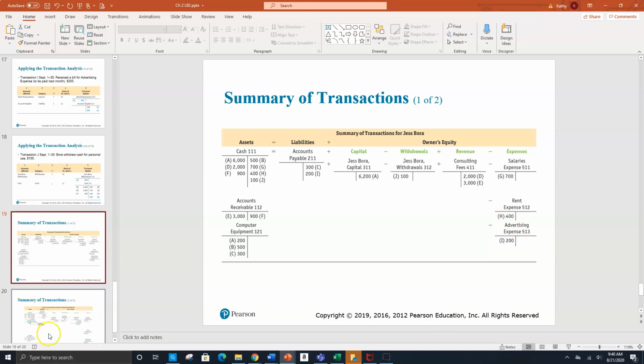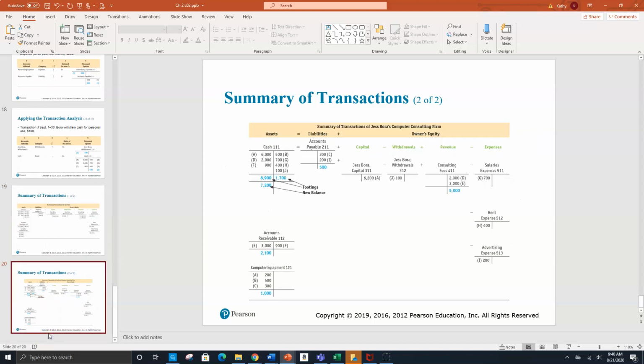Next, what we're going to do is foot the accounts. So we are going to add up all the debits, add up all the credits, and then the debit is bigger than the credit. So we take 8,900 minus 1,700 to get your balance of the cash account, which is 7,200.